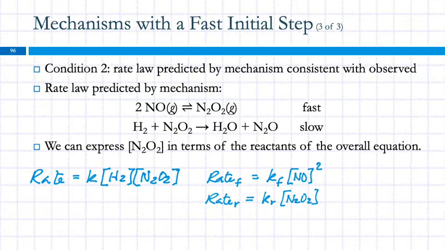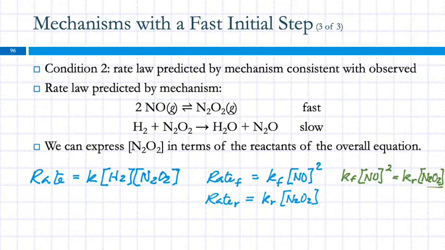So we can say that the forward rate constant times NO squared is equal to the reverse rate constant times N2O2. Now, in my predicted rate law here from the elementary step, I have N2O2, which is not one of my reactants. I need to get rid of this somehow. So I can rearrange this and solve for N2O2.